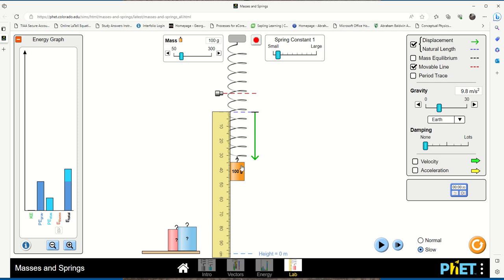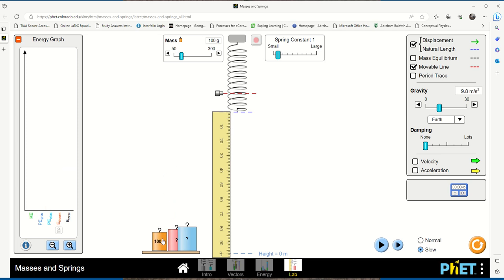Mass is at 100. Notice I want the 0 mark of the ruler to be aligned with the equilibrium position of the spring, also known as the natural length, that blue line. And when I hang the mass from the spring, I want to make sure that I release the mass from the equilibrium position. So you want to be a little bit careful.